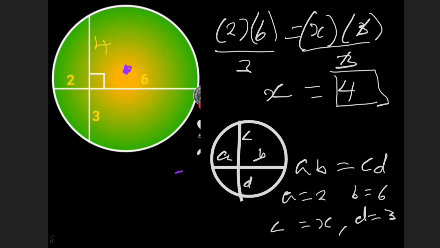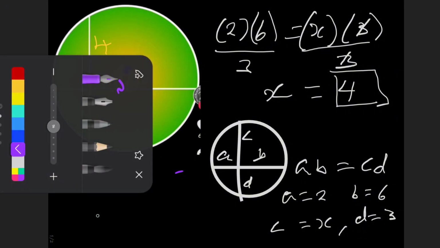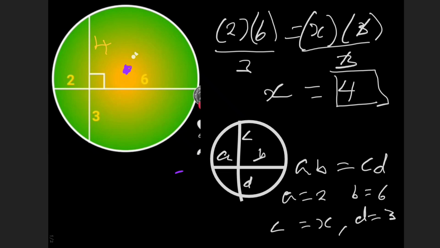Having gotten my length, what's left for us now is to look for the radius. Let me draw a line from the center of the circle to this chord. So I have this, and also I have this.